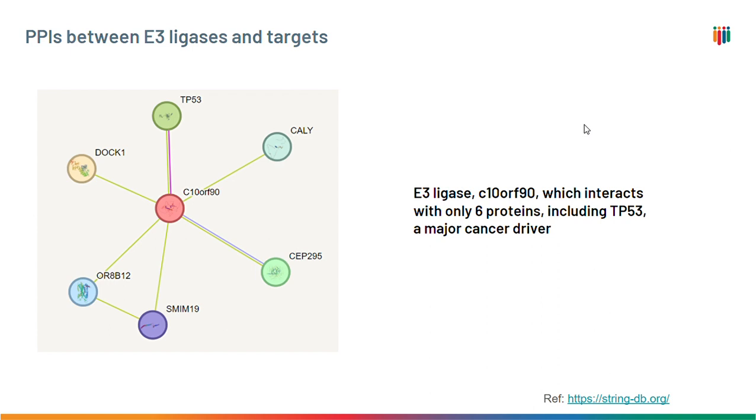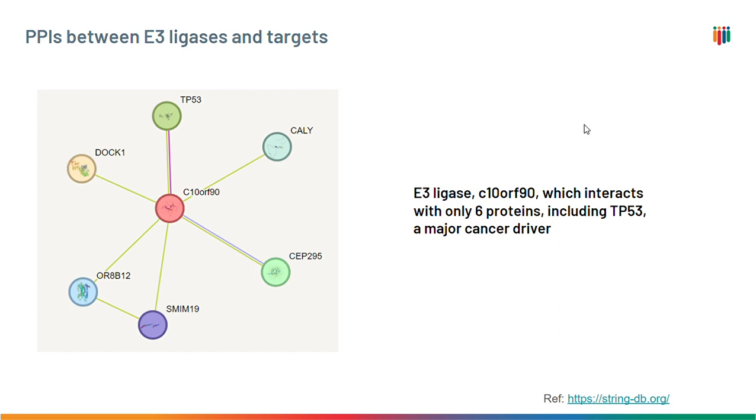One of the substrate molecules for this E3 ligase is TP53. TP53 is a major cancer driver factor. So we can say this E3 ligase can be used for TP53.